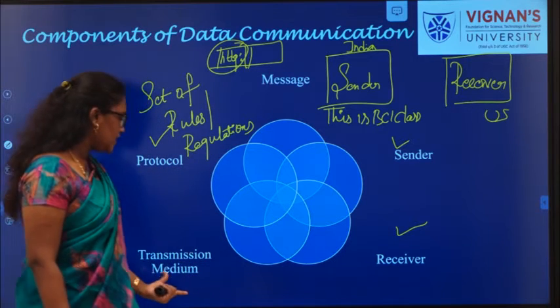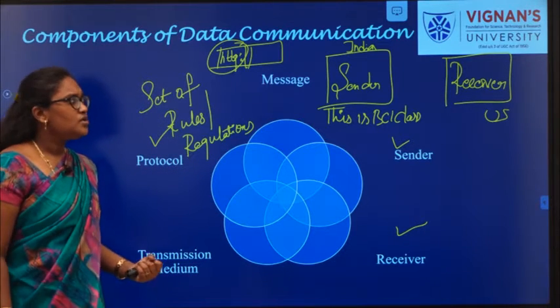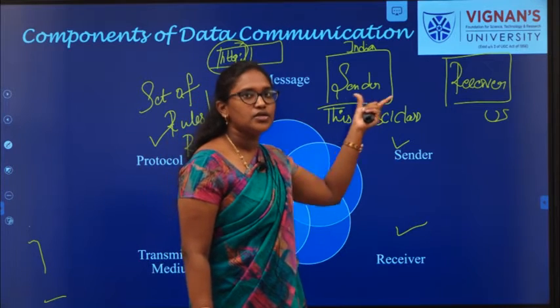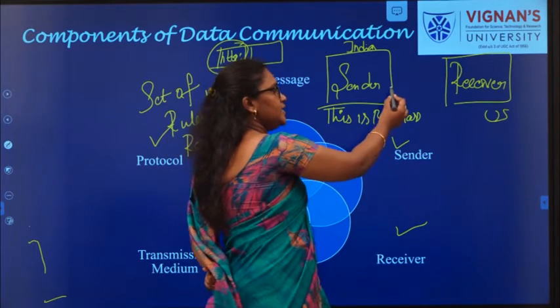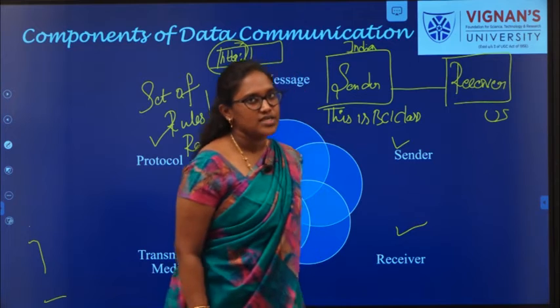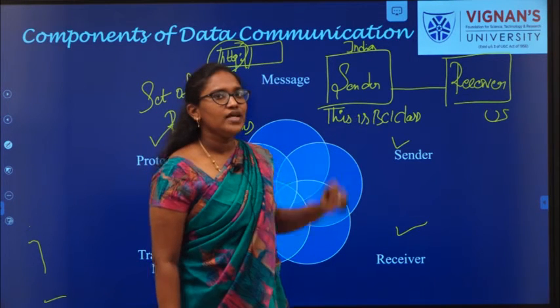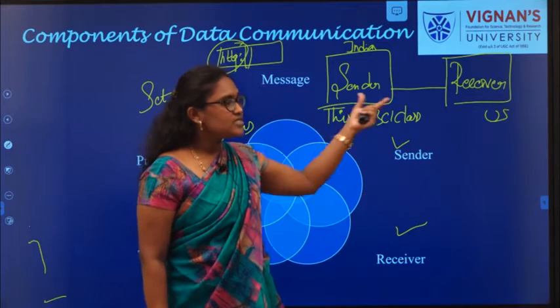Next one, transmission medium. What is meant by transmission medium? If I want to send data from sender to receiver, obviously I need a mediator to exchange the data, right? So how will I exchange the data?